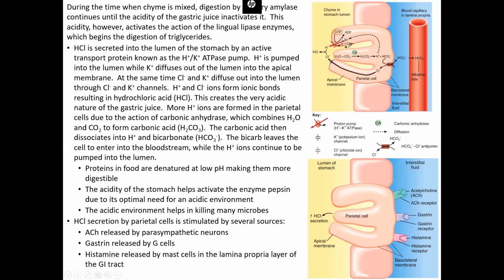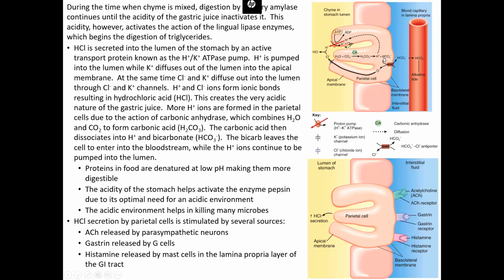Now, we're continuously pumping out hydrogen ions from our parietal cells because we're continuously producing them inside. Parietal cells have that same enzyme that we talked about with red blood cells called carbonic anhydrase that joins water and CO2 forming carbonic acid, which then, as we know, breaks apart to hydrogen ions and bicarbonate. This is where those hydrogen ions come from.